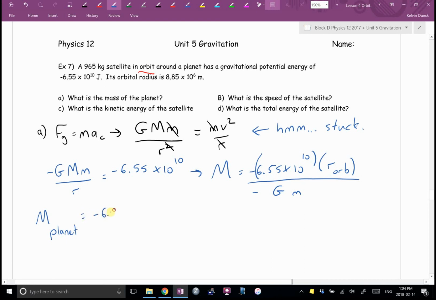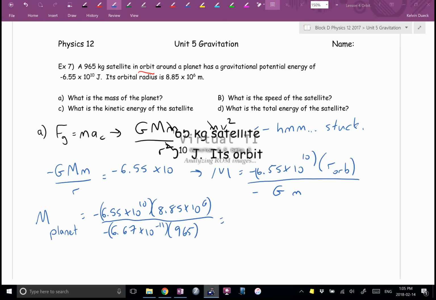Negative 6.55 times 10 to the 10th, orbit 8.85 times 10 to the 6th divided by negative 6.67 times 10 to the negative 11, little m, 965.